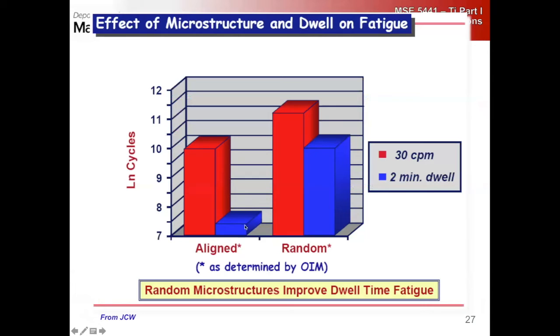So basically, the 1990s and early 2000s, this was the big issue with titanium. And to the graduate students, you also saw Adam Pilchak's talk, right? He specifically didn't talk about this, but Adam did a lot of the original work to clearly identify these macrozones as the cause of this dwell fatigue issue.